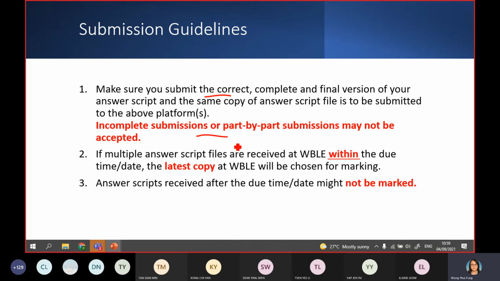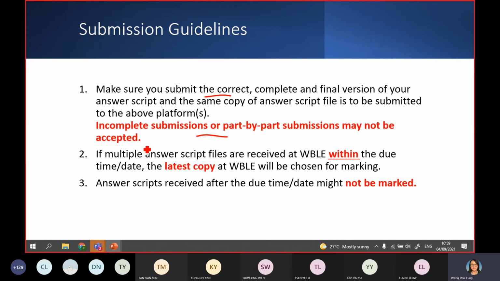You don't come after 5 p.m. and tell me, Miss, I forgot question 2, I didn't submit. We won't accept. After 5 p.m., no matter if you only have 1 question or your question 2 is incomplete, we will not accept. So incomplete submission will not be accepted. You don't say that later on you want to submit again.